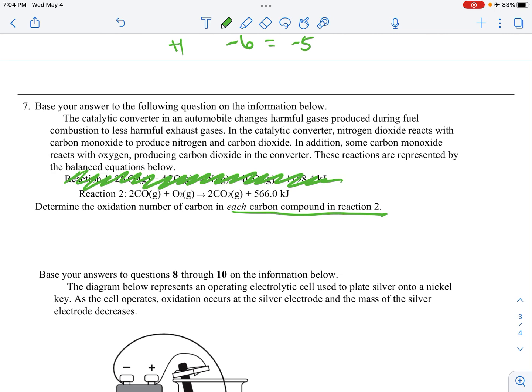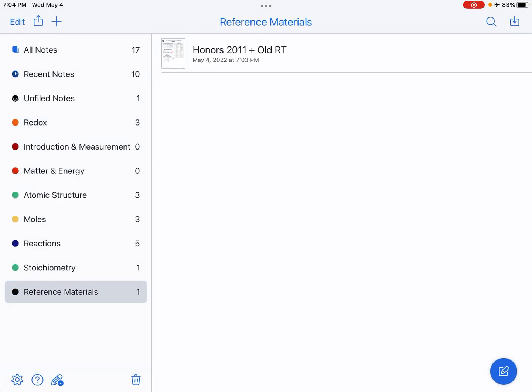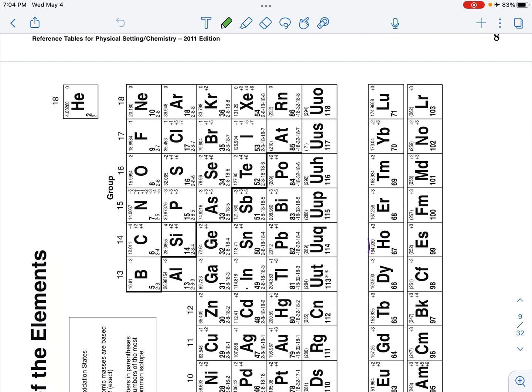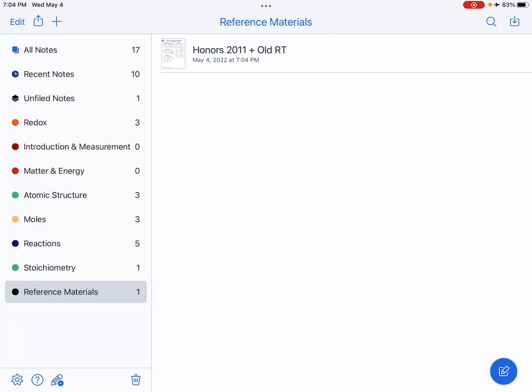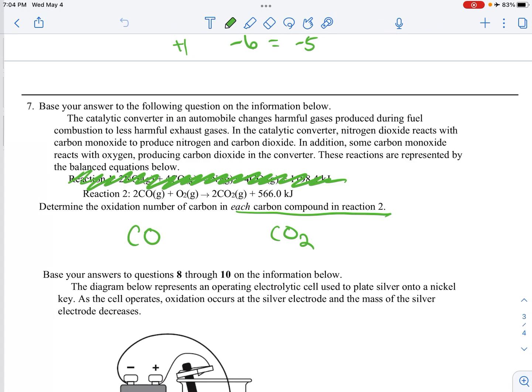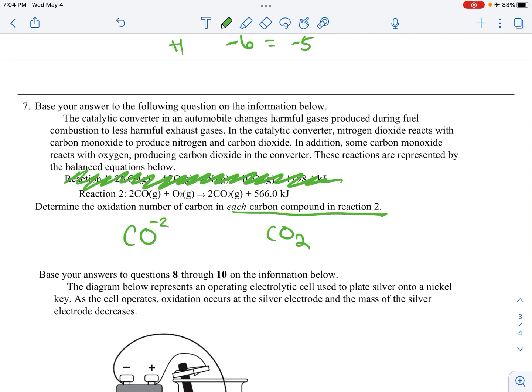Each carbon compound. So we have CO and we have CO2. All right, so carbon has, I'm sorry, this is sideways, -4, +2, and +4. And oxygen is only a -2. So let's remember that. So oxygen's -2.